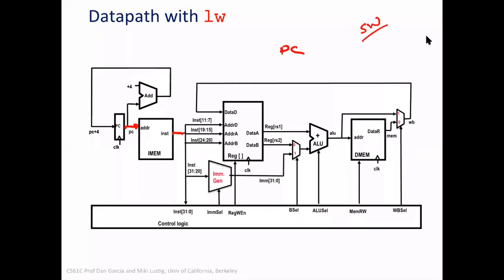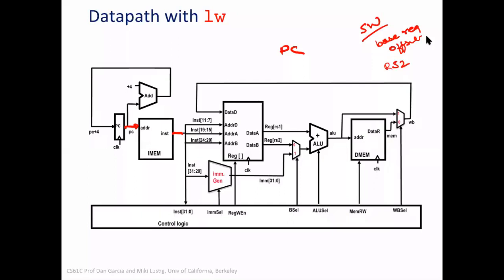What all do we need here for store? We need a base address, so basically we need to find out the address of the memory location. So we have a base register, we have an offset, and then we have the register from which we are taking the data, say RS2.